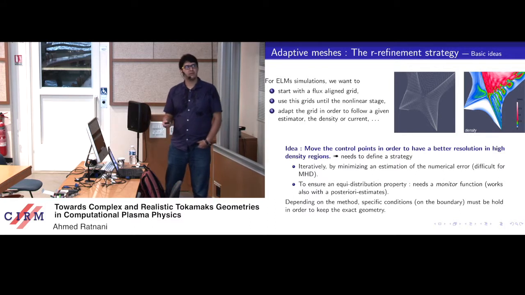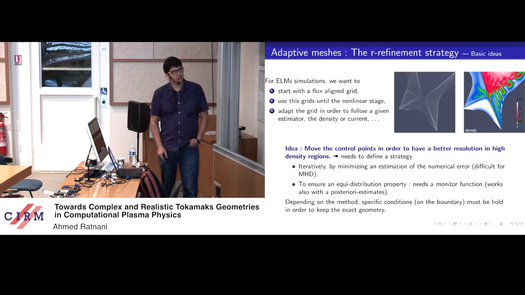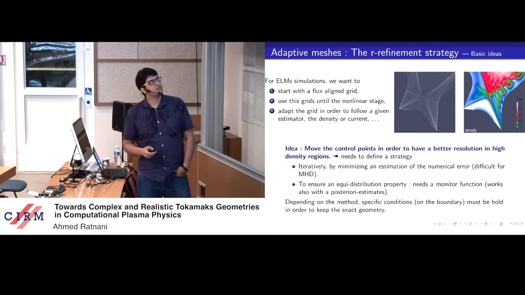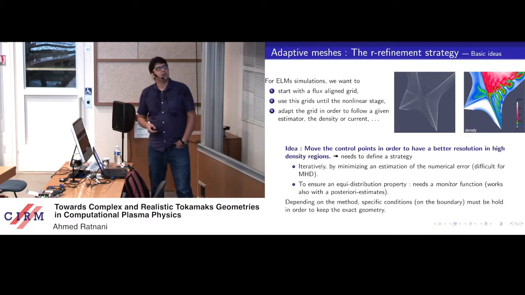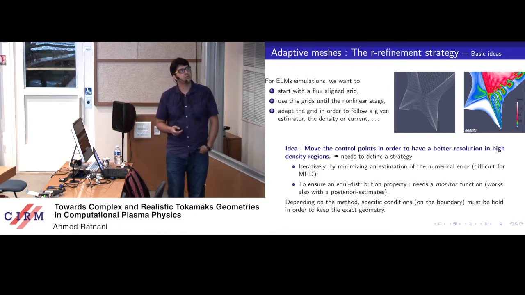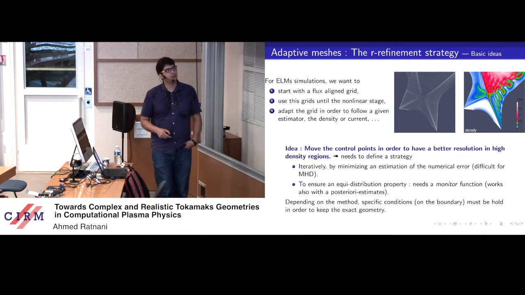But it's very difficult to do it in nonlinear problems or even in MHD. So then we found another strategy by using this equidistribution property. And as I said, this needs a monitor function. But this strategy needs the resolution of the Monge-Kantorovich optimization problem, which leads to the Monge-Ampère equation.